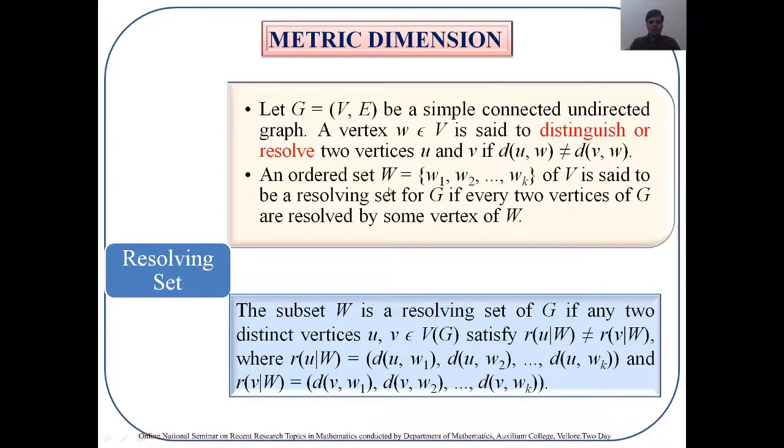This is one definition. This definition can be put in other words like this also. The subset W is a resolving set of G if any two distinct vertices u and v belonging to the vertex set of G satisfy this expression, that is, the representation of u with respect to W is not equal to the representation of v with respect to W. The representation of u with respect to W means finding the distance between u and w1, u and w2, finally u and wk.